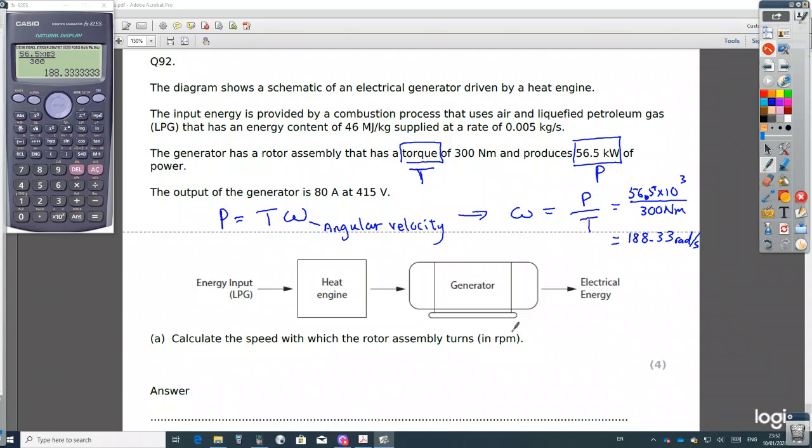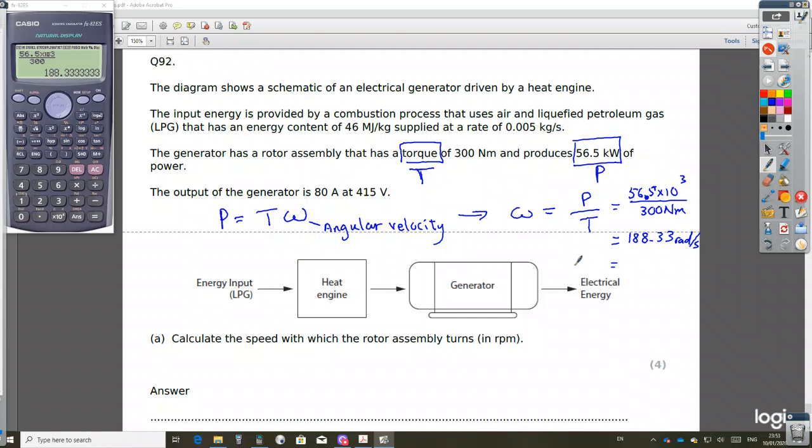Because it's asking us for this, basically this is your angular velocity, which is your speed, so we need to change it to per minute. So in 1 second it does so much radian, therefore for 60 seconds, which is a minute, it does 60 lots of this.